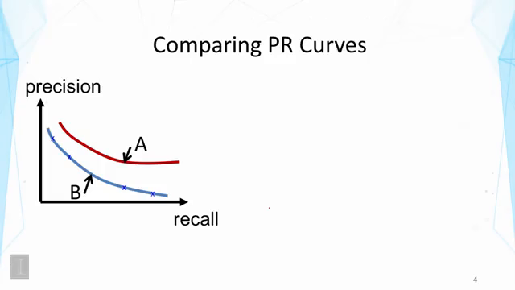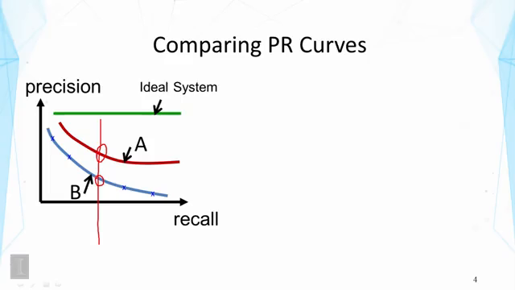Why? Because for the same level of recall, the precision point by system A is better than system B. So there's no question. Indeed, you can imagine what the curve looks like for an ideal search system. It has to have perfect precision at all the recall points, so it has to be this line. That would be the ideal system.